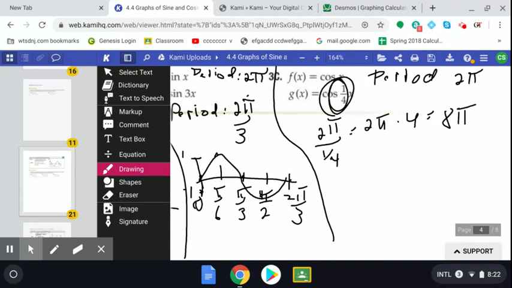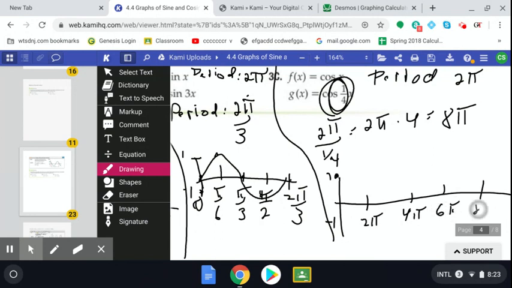Okay, so if the period is 8 pi, the amplitude here is still from positive 1, negative 1, and we're doing cosine, so the increments, 8 pi, so you're going to go 2 pi, 4 pi, 6 pi, and 8 pi. That's a full cycle. So cosine 0 is 1, so it's going to go like this, negative 1, 0, 1. Done.